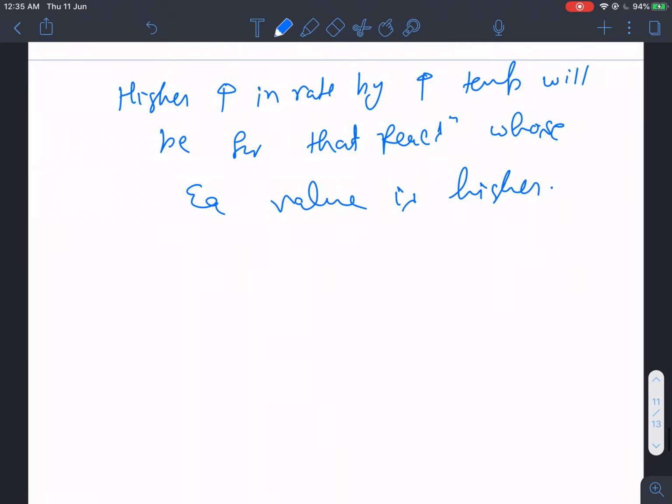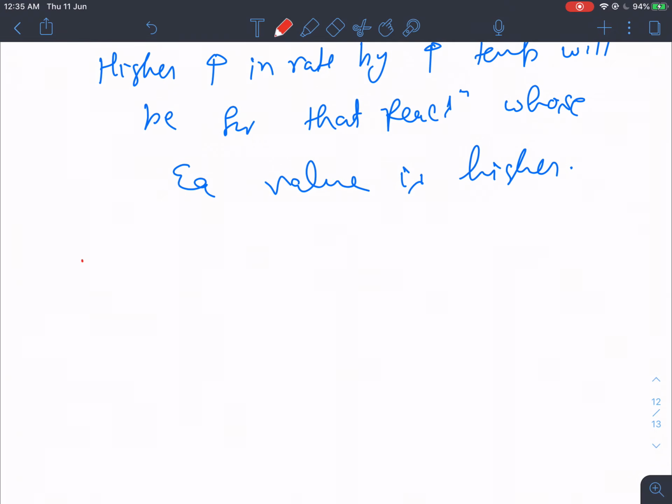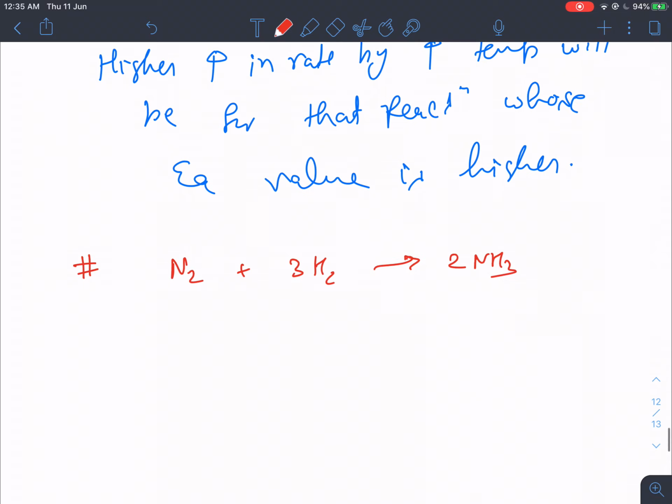Another common mistake that people used to make: suppose I took, guys, a reaction N2 + 3H2 forming 2NH3.